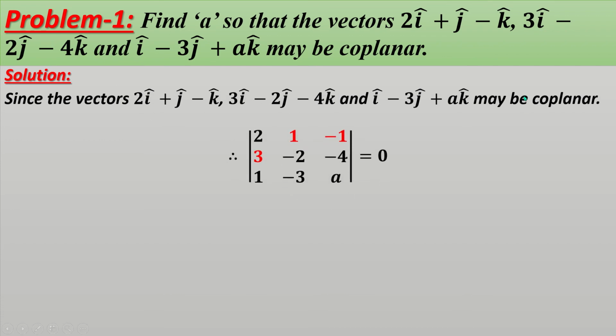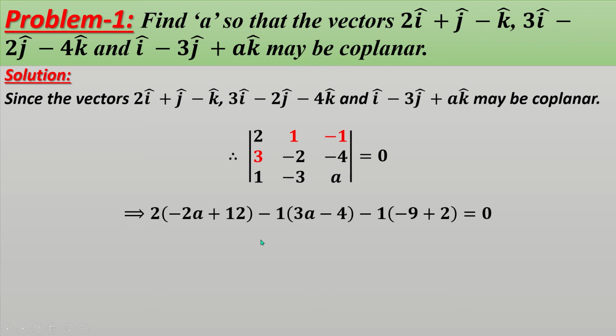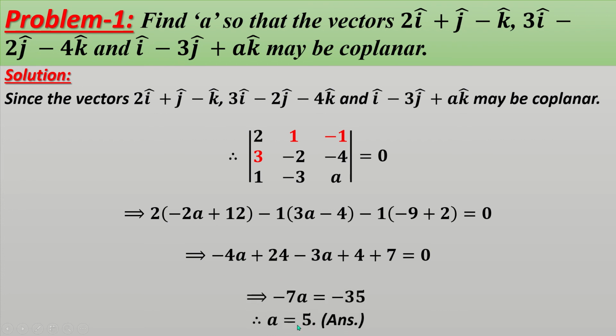Here the given vectors may be coplanar, therefore we can write the coefficients of the vectors equal to 0. Now calculate, and we'll get this. How to calculate, you know, because we have already finished a lesson on determinants. Therefore a is equal to 5. This is the required answer.